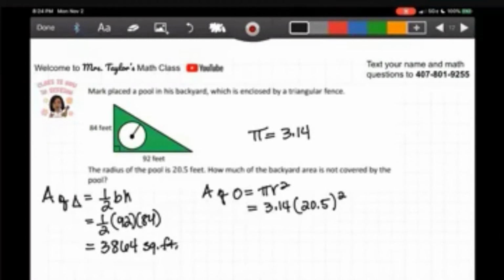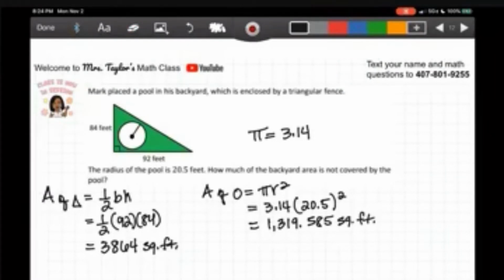And let's see here, 20.5 squared times 3.14. And we get a really big number. 1,319 and 585 thousandths. So this would be the area of the circle.